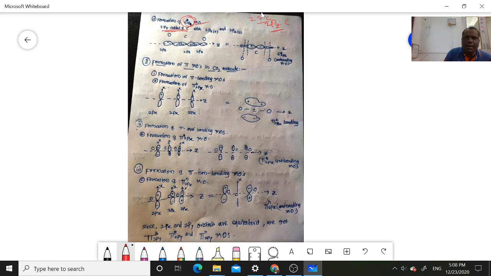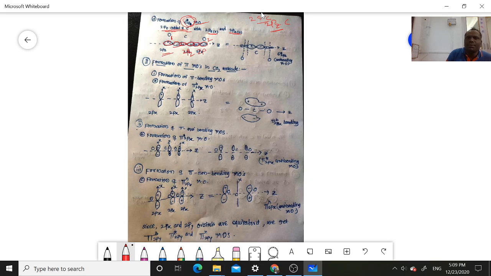So the 2pz orbital of the carbon atom combines with the 2pz orbital of one oxygen atom and the 2pz orbital of the other oxygen atom.